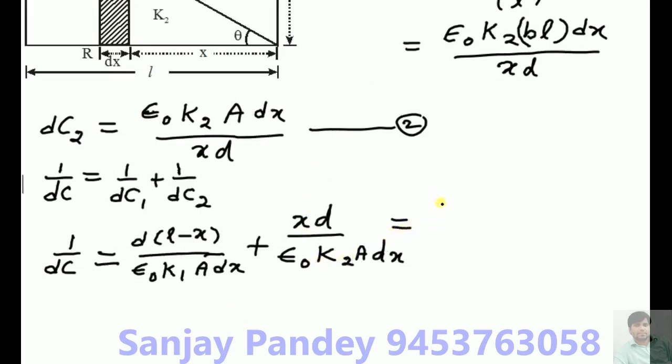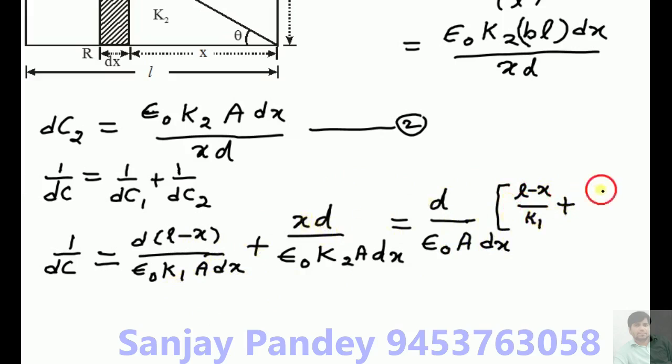D upon epsilon naught A is common, dx is also common, so it is D upon epsilon naught A dx into the bracket: L minus x with denominator K1, and x with denominator K2.